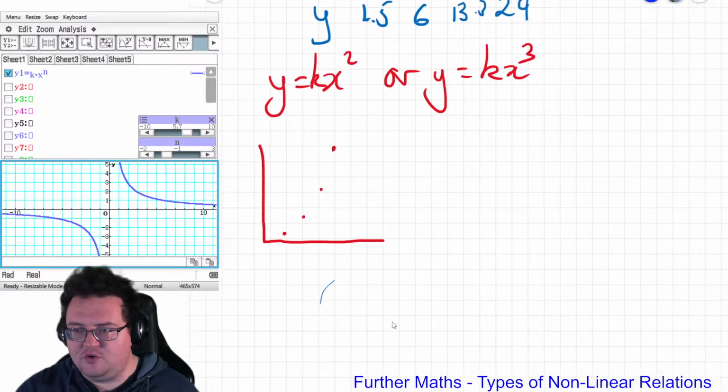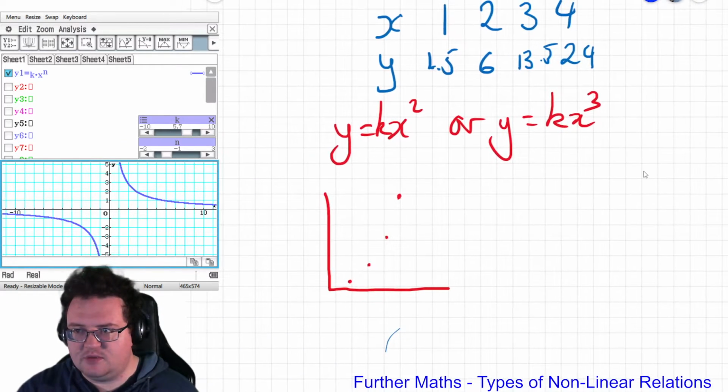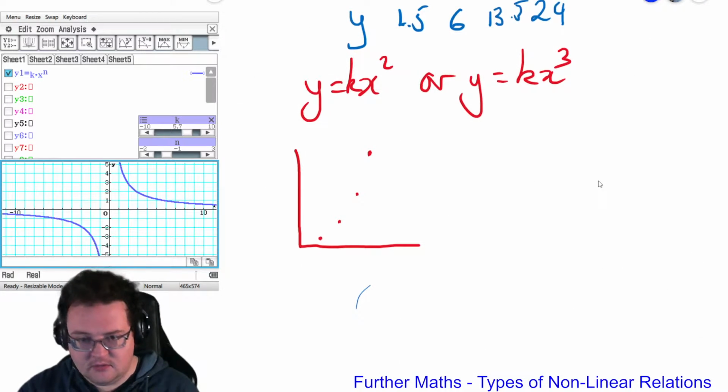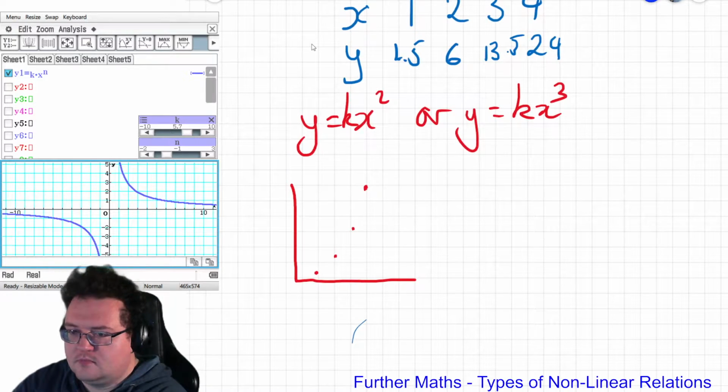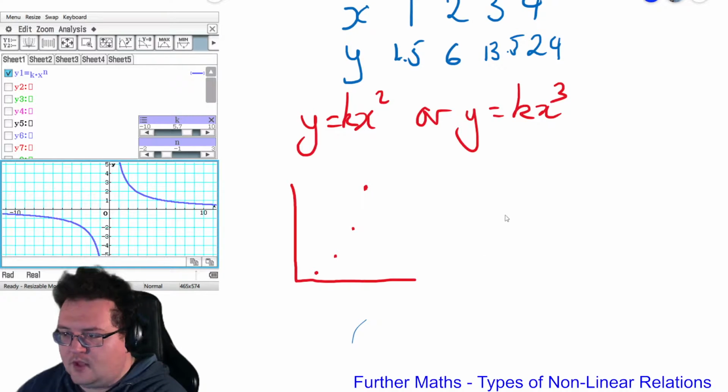What we need to do is take our table of values and go, well, okay, what about if we do it as x squared or x cubed?